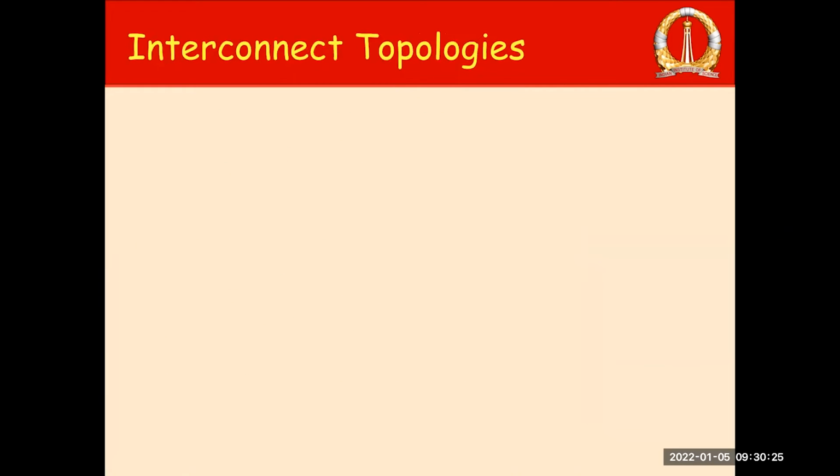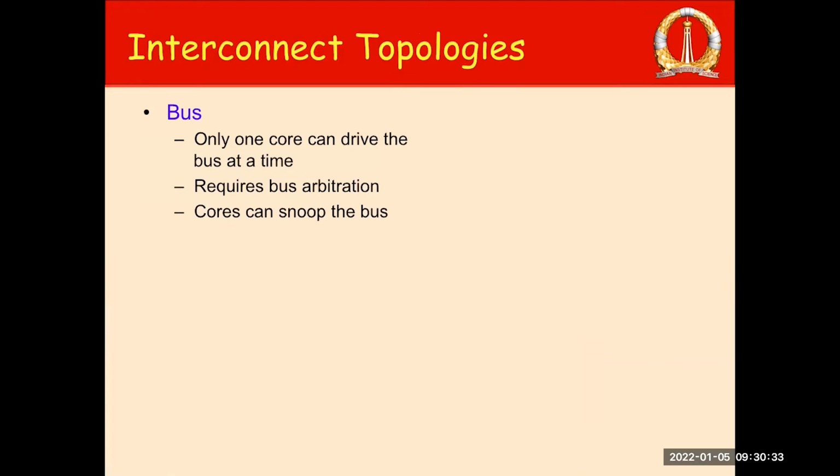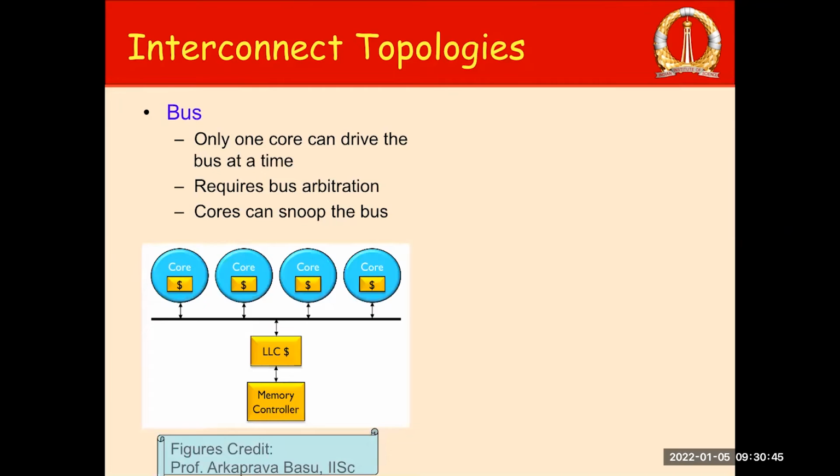Now let's look at the interconnect, how the different processor cores are connected to each other. One simple interconnect network that you can think of for connecting these different cores and the shared L3 cache could be a simple bus.